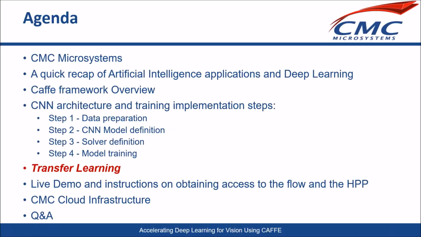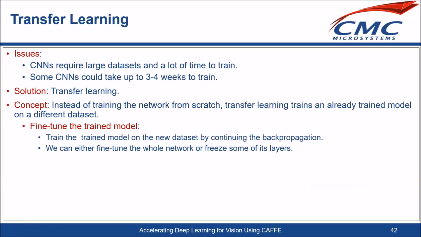Now we are going to show how we improved the results for this particular case. For people who are in the machine learning space, you might be aware of transfer learning.